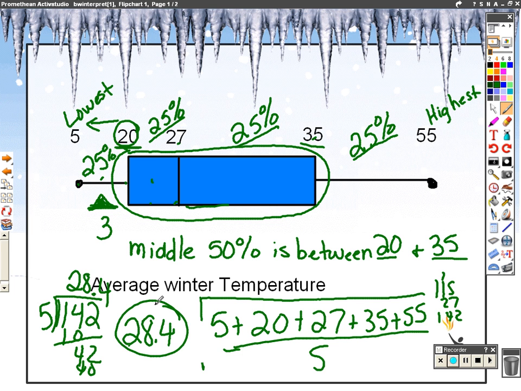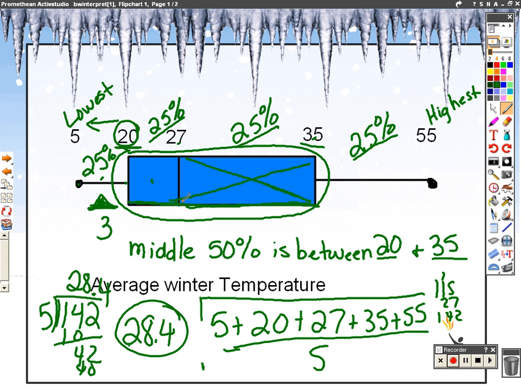Now there's actually an easier way to do this. This is another way that box and whiskers are nice. The rule is, if you look at the box part of your box and whisker, your mean falls in the larger section. The larger section would be this box here, because this side is bigger than this side.